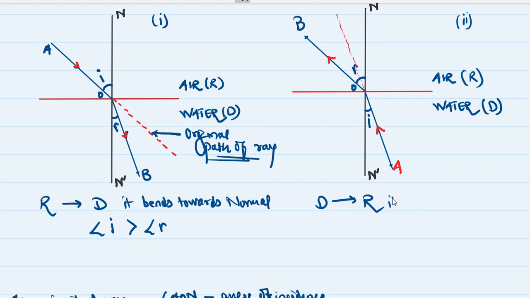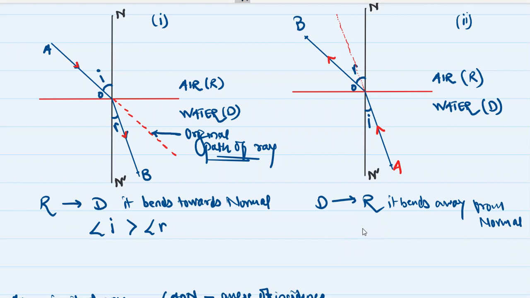So it bends away from normal. When it enters from denser to rarer medium, the ray of light bends away from the normal.